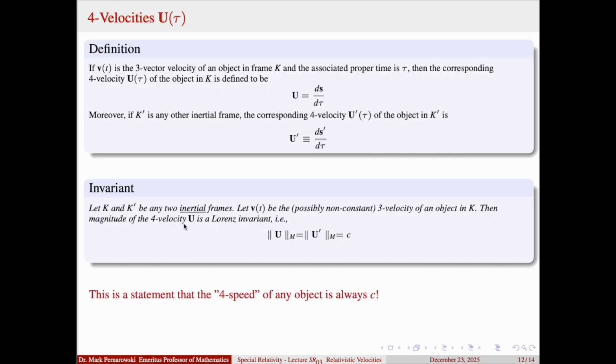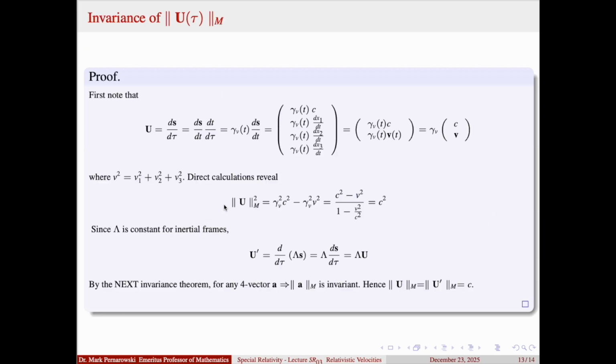How does that proof go? Here we go. ds d tau is ds dt times dt d tau. We know from the definition of tau that this derivative can be represented by 1 over the integrand, which is this gamma. This is now ds dt. And s, I know what it is. It's got c, x1, x2, x3.